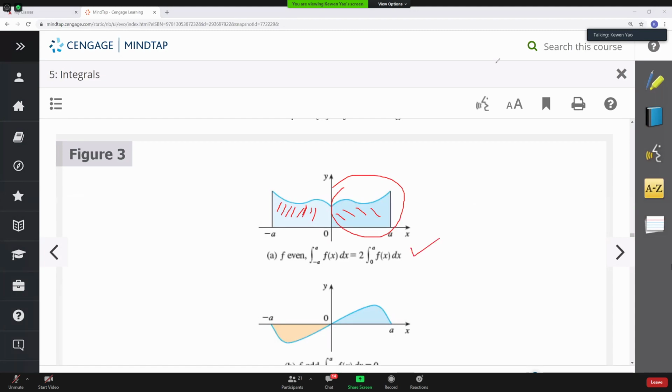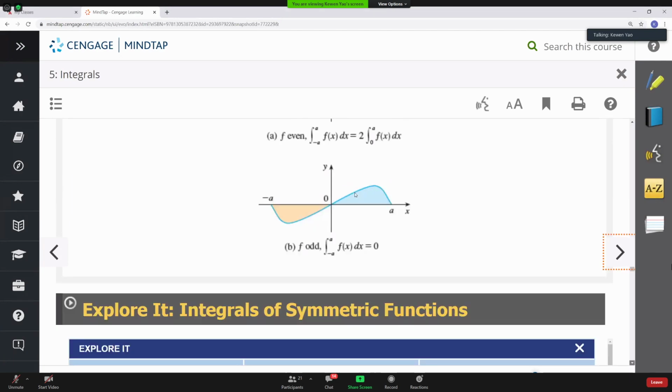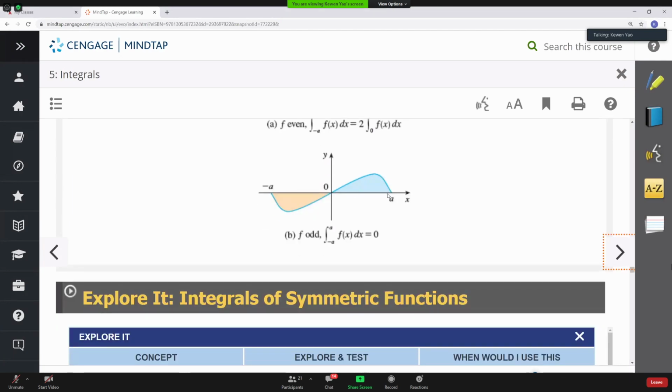Now for the odd function, things are slightly different. For the odd function, the graph is symmetric with respect to the origin, not with respect to the y-axis.